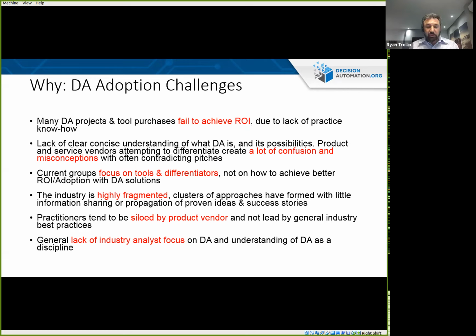And we want to provide frameworks and ways that folks can easily find what tools are needed, and clear through the clutter that's out there at the moment. The industry is highly fragmented. I like to think of it as swimming pools. There's vendors and practitioners that live in these swimming pools, and they're very familiar with their approach or their niche of the area, but they don't talk to each other across the different groups.